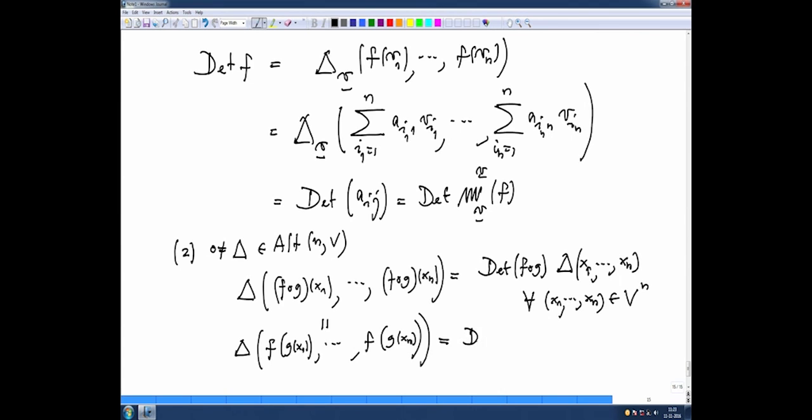So this is determinant of f times delta evaluated at g of x1 to g of xn, and now I will take out g. When I take out g, the determinant of g will come out. So this is equal to det f times det g times delta evaluated at the tuple x1 to xn, and this is true for all x1 to xn.